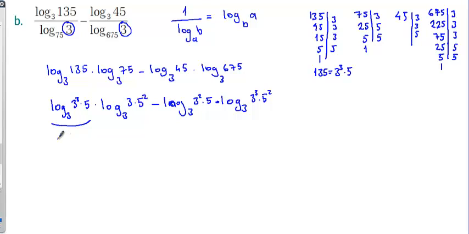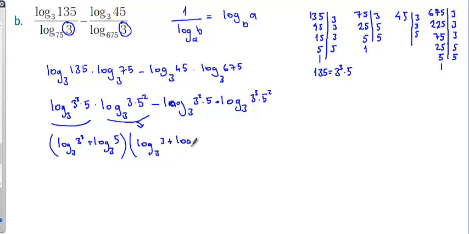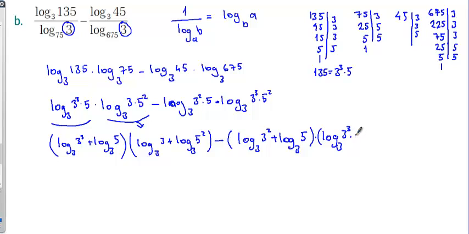Then I'm going to separate this expression. Let's say this expression is going to be equal to logarithm base 3 of 3 cubed plus logarithm base 3 of 5. I'm going to write in brackets because this term is going to be different when I write it. It's going to be equal to logarithm base 3 of 3 plus logarithm base 3 of 5 squared, then minus logarithm base 3 of 3 squared plus logarithm base 3 of 5, times logarithm base 3 of 3 cubed times logarithm base 3 of 5 squared.